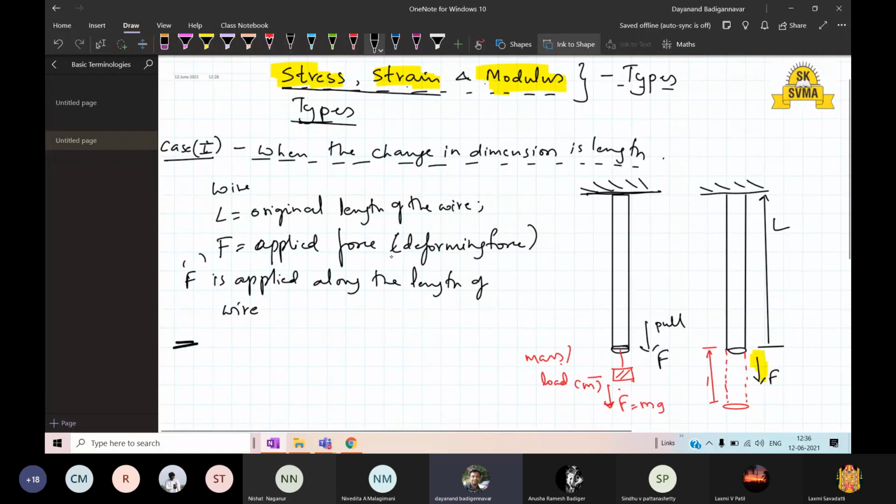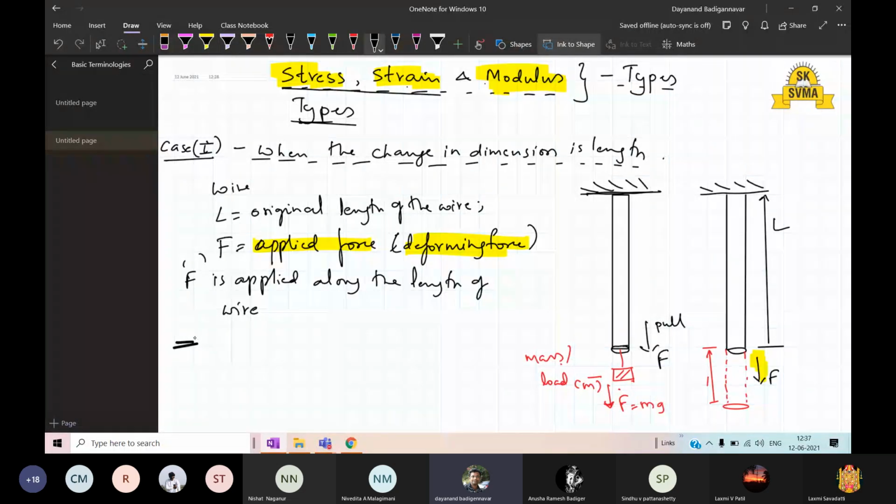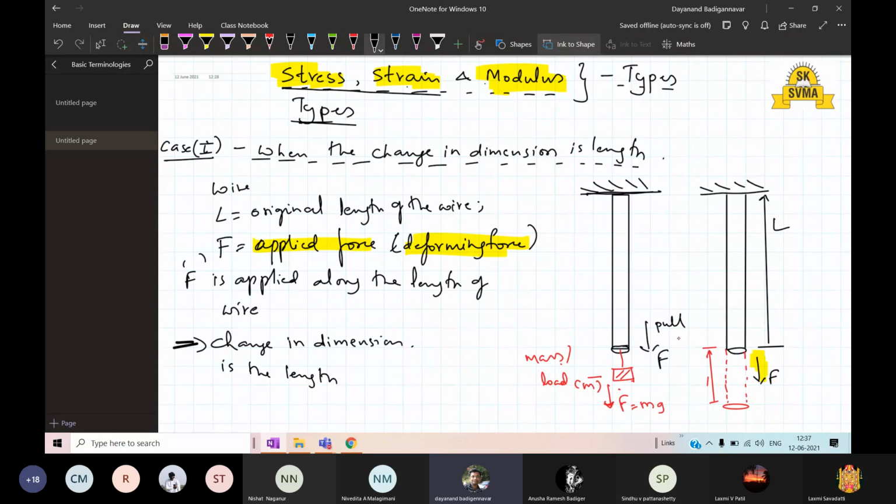What is the change in dimension due to the applied force or the deforming force? The change in dimension is the length. So the length is changing.